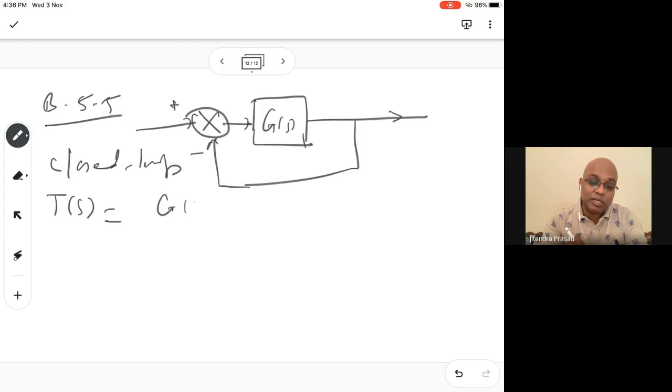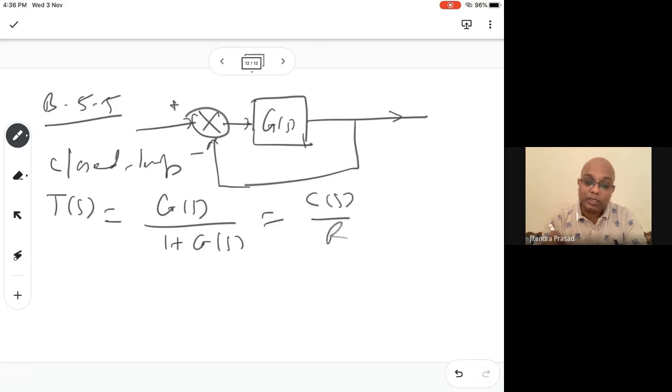Closed loop equal to G(s) over 1 plus G(s), which is equal to C(s) over R(s). Then you have to find the unit response of a unity feedback system.